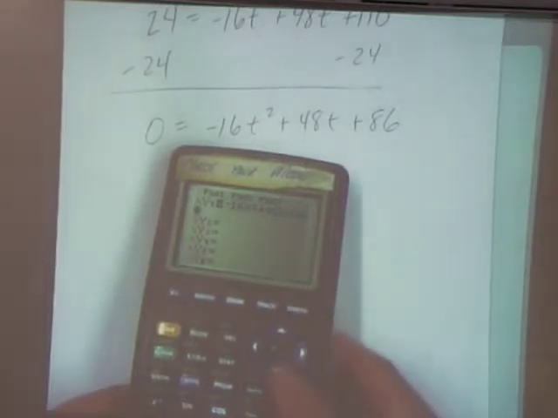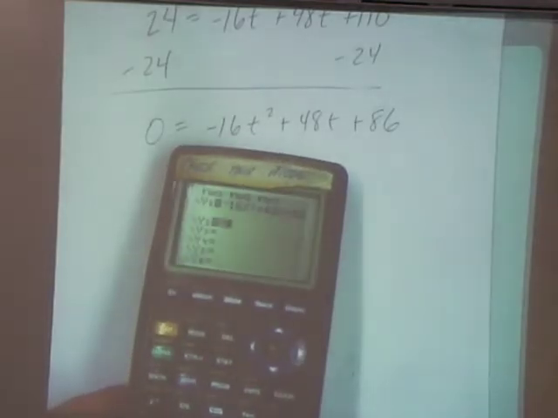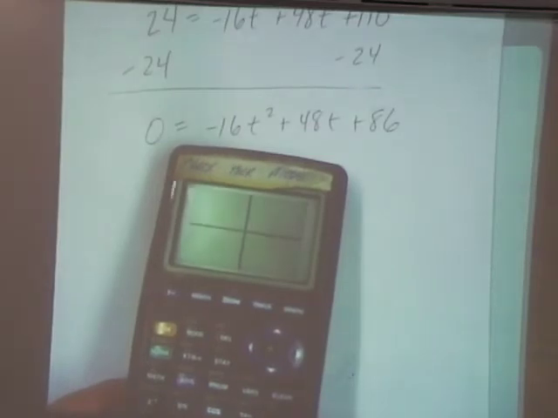And then for y2, I'm going to graph the right-hand side. And then what am I looking for when I look at the graph? Where they intersect, right? Because y equals 0 is the x-axis, so I'm looking where my upside-down parabola intersects the x-axis.